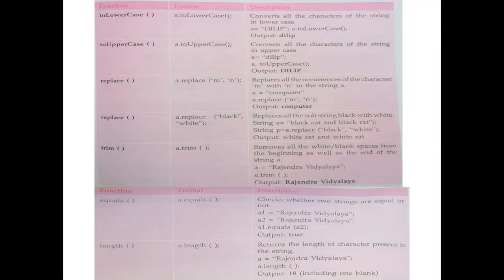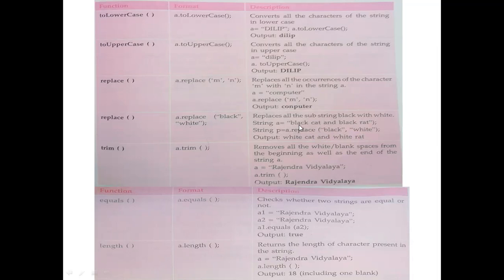It is not only changing from one character to another character. You can replace one string with another string even. For example, string A has black cat and black rat. Now, string P is equal to A dot replace, wherever black is there with white.